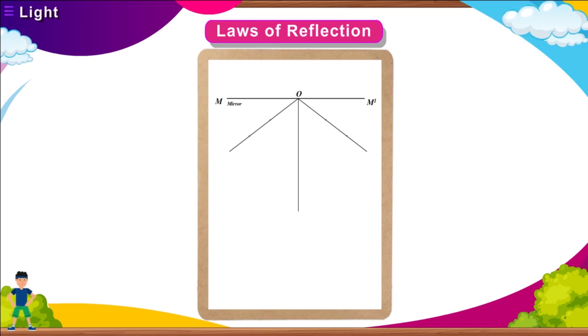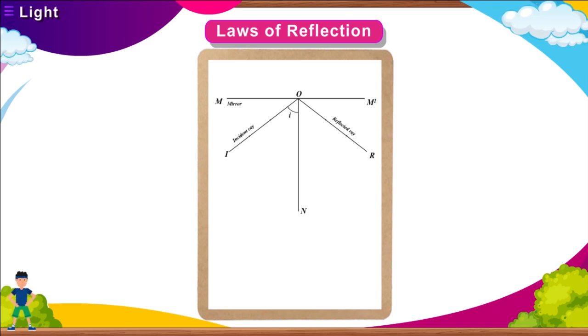Mark the mirror line as MM, the perpendicular as ON, which is called the normal, the line joining the first pair of pins as IO, I, and the line joining the second pair of pins as RO, R. I is the incident ray and R is the reflected ray.